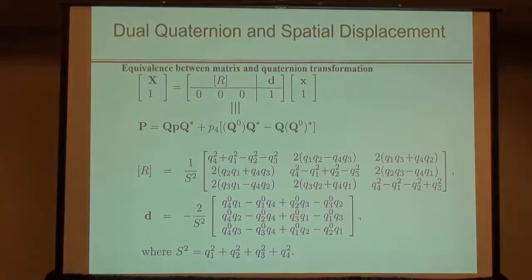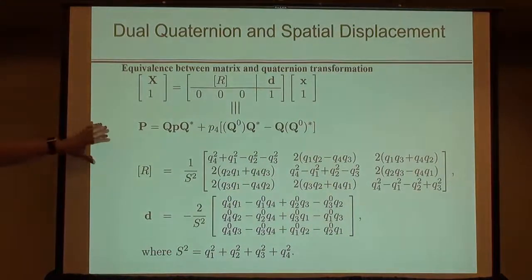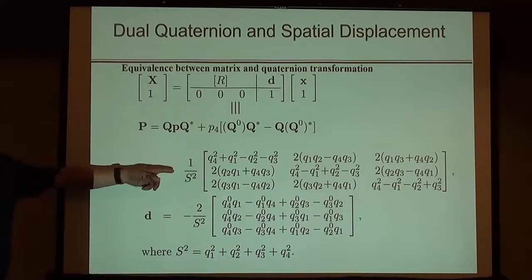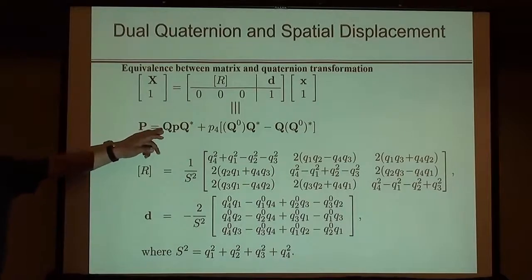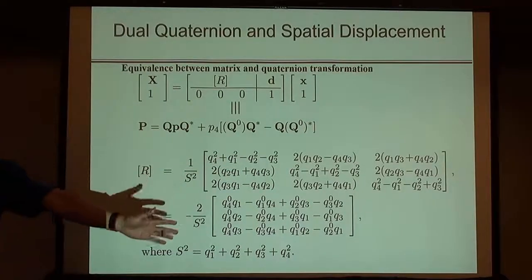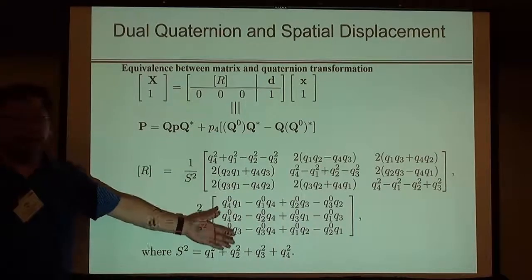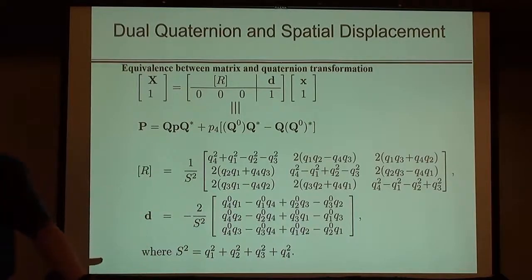What's nice about this is that if we want to do motion interpolation in 3D space with rotation and translation, we can interpolate Q and Q naught separately, and if we substitute them back into here, it always works.